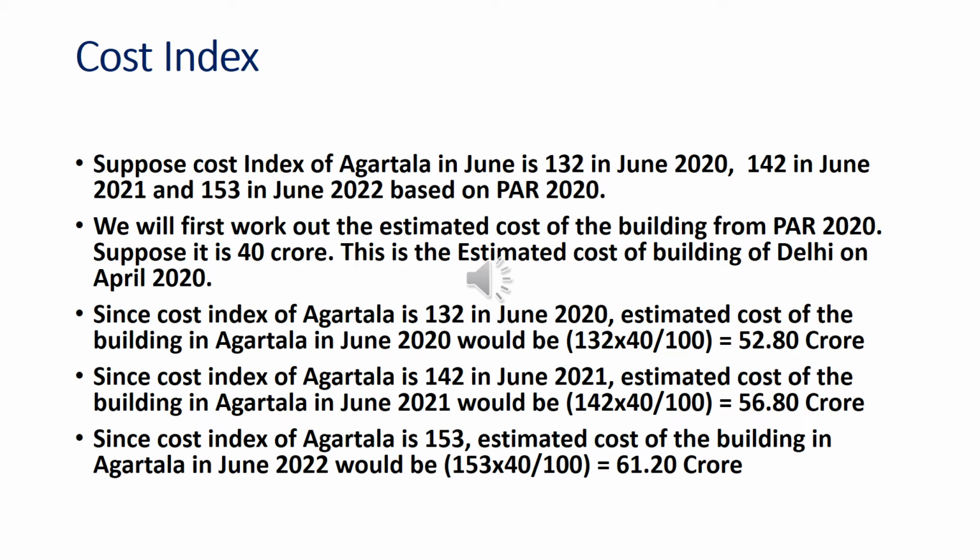Suppose it is 40 crores, then this is the estimated cost of building of Delhi as in April 2020. Since the cost index of Agartala is 132 in June 2020, the estimated cost of building in Agartala will be 132 multiplied by cost of the building in Delhi divided by 100, that is 52.80 crores. Similarly, in 21, 142 multiplied by 40 divided by 100, 56.80 crores. And in June 22, it will be 61.20 crores.